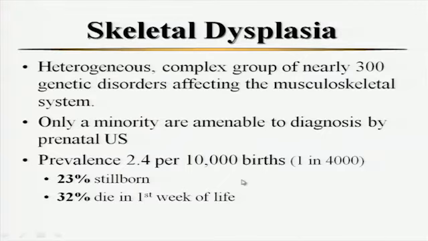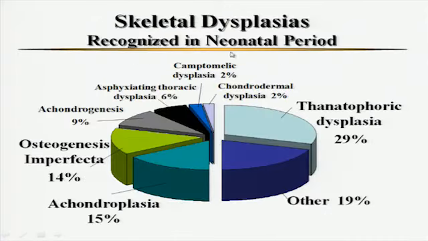Prevalence is about 2.4 per 10,000 births. 23% will end up with stillbirth, 32% will die in the first week of life, and a lot of that is from the pulmonary hypoplasia, that small chest. Thanatophoric dysplasia accounts for about 29%, other about 19%, achondroplasia 15%, osteogenesis imperfecta about 14%, achondrogenesis 9%, asphyxiating thoracic dysplasia 6%, and camptomelic dysplasia and chondroectodermal dysplasia right about 2%.